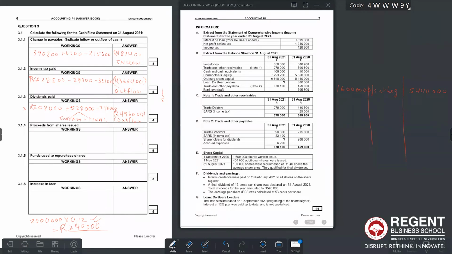Right, then they said you went and sold 400,000 additional shares. So I issued 400,000 ordinary shares, right? But they didn't tell us the price. So I don't have that figure. Then they said you repurchased 100,000. 100,000 ordinary shares were repurchased.